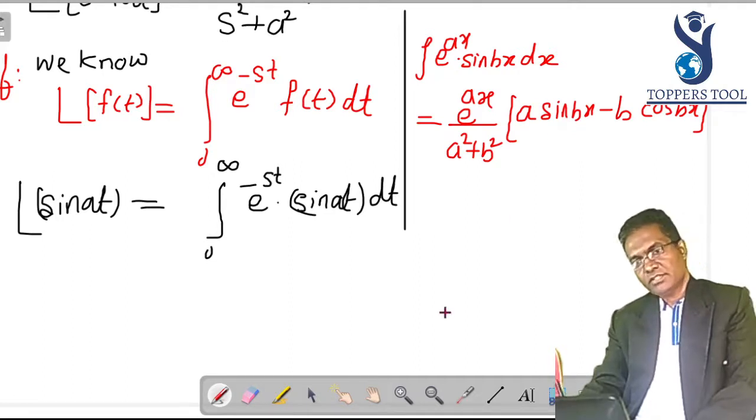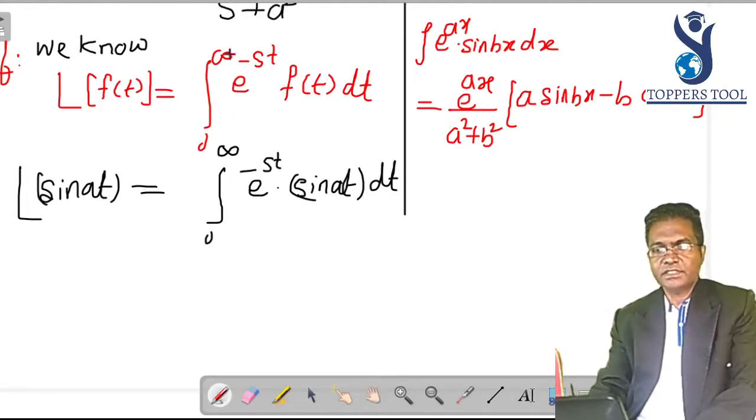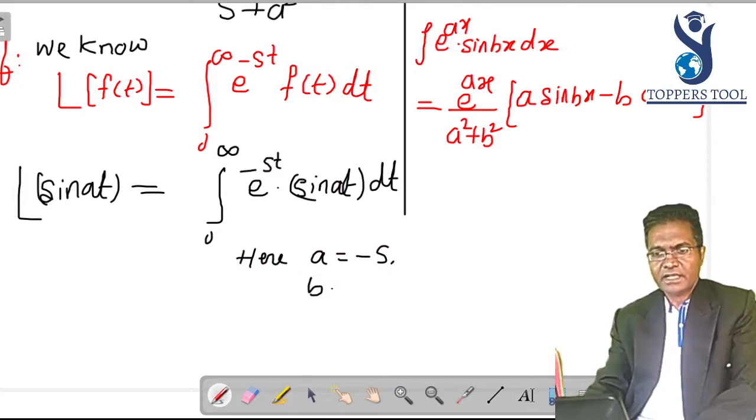Okay, so using this, here a means minus s and b means a.